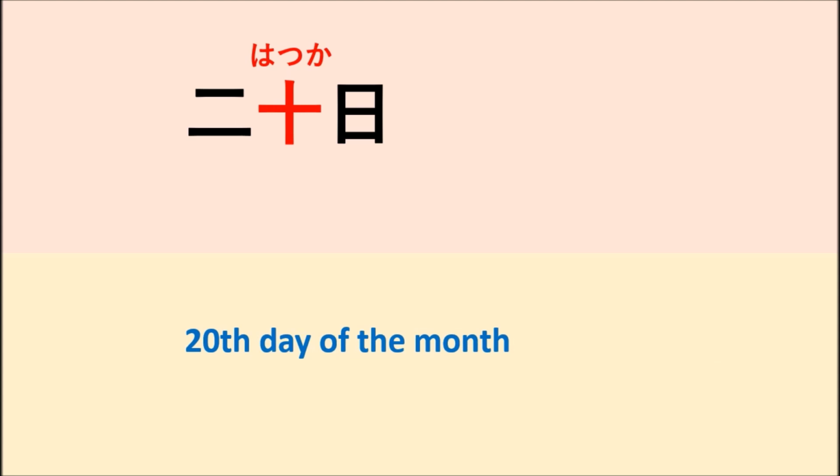So we would say niju nichi, but they don't say it like this. In Japanese, instead of niju nichi, they say hatsuka. If you read by the kanji, it means ni, ju, nichi, but they say hatsuka, which means the 20th day of the month.